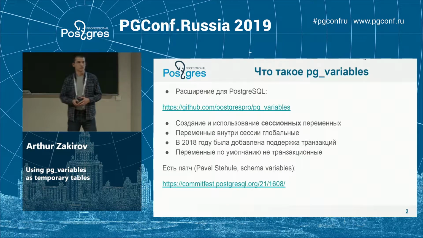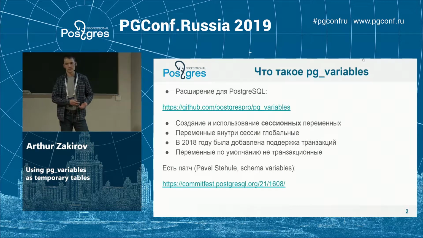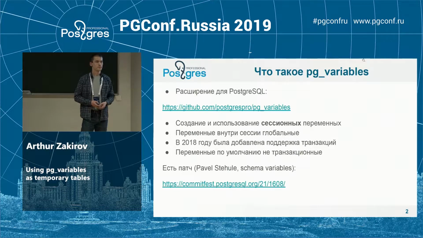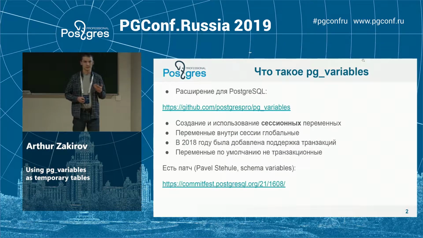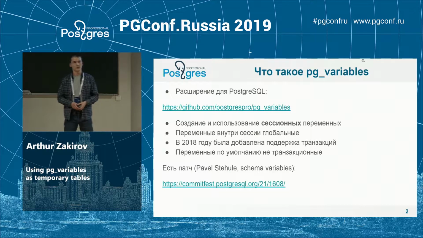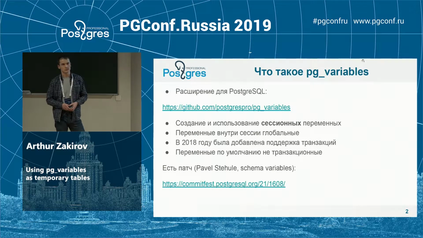If you created a variable, you may restore it, and if you change something, you may roll back to its old value. Now we can create transactional and non-transactional variables, and by default they are non-transactional.